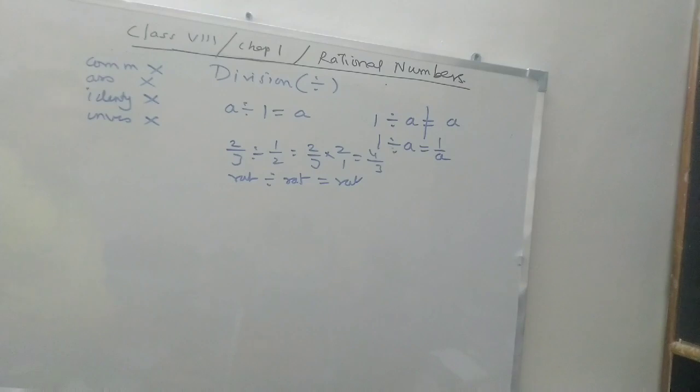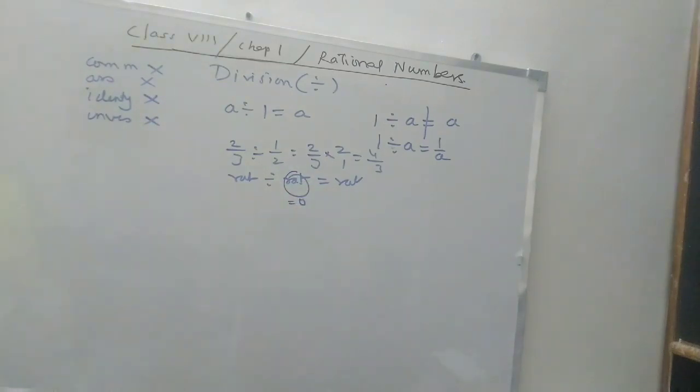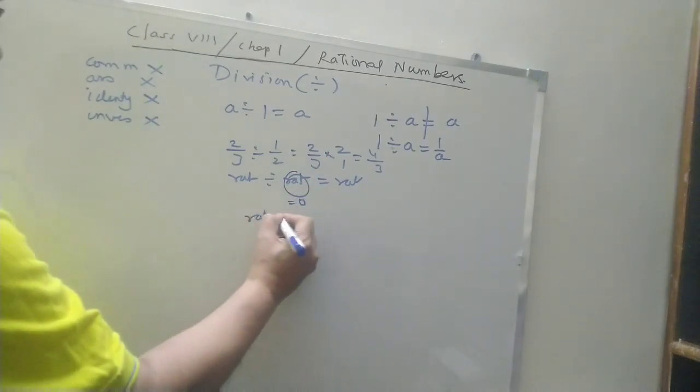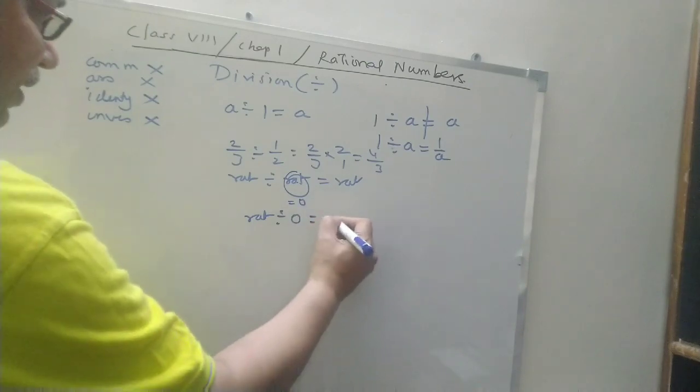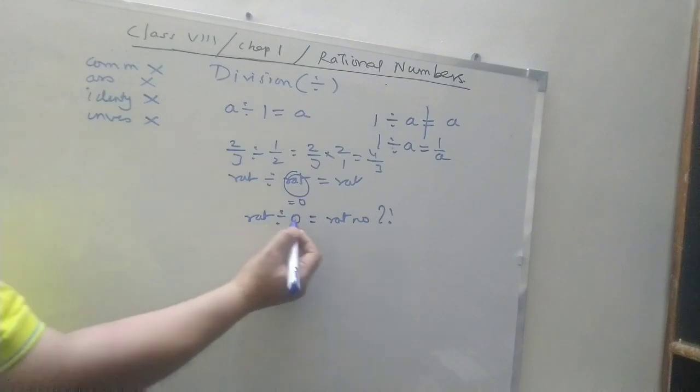But is this always going to be true? Now we accept something as a property when it is always true. We don't accept it as a property when it is not always true. So what happens if this rational number is equal to 0? So a rational number divided by 0 is a rational number. Is this possible? Well, division by 0 is not defined.